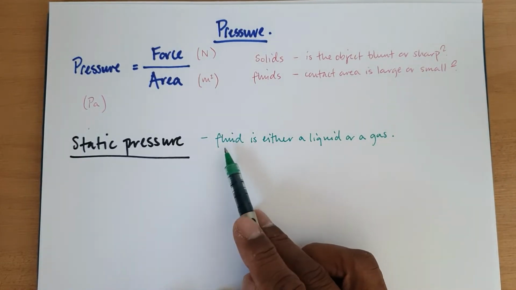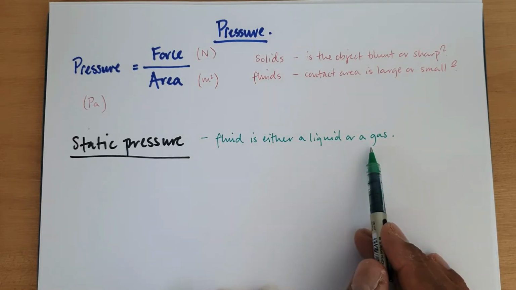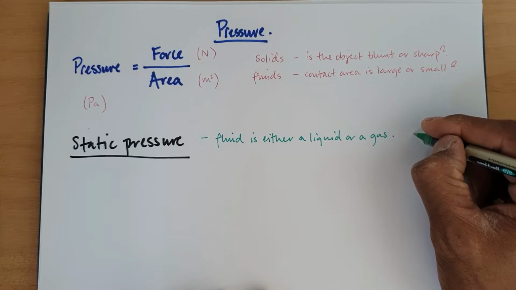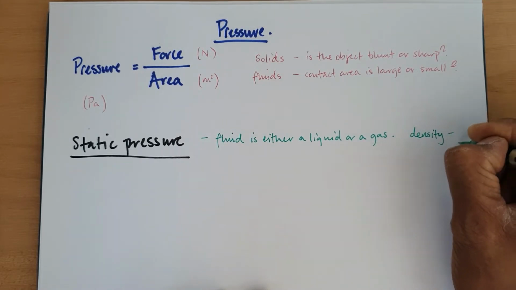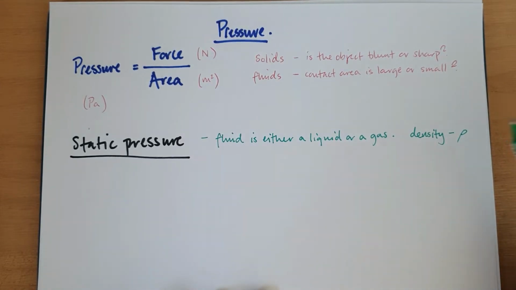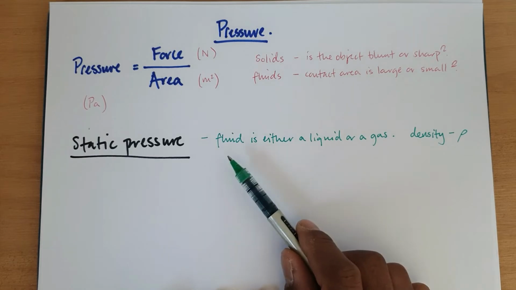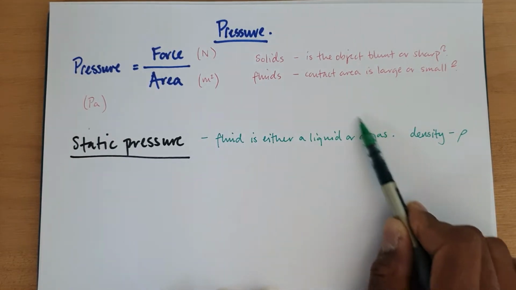The only property of a fluid that has a real impact in terms of pressure is the idea of density. So I'm going to put that alongside here, because lots of people confuse the idea of liquids and gases being a fluid, but really they behave in a very similar way.